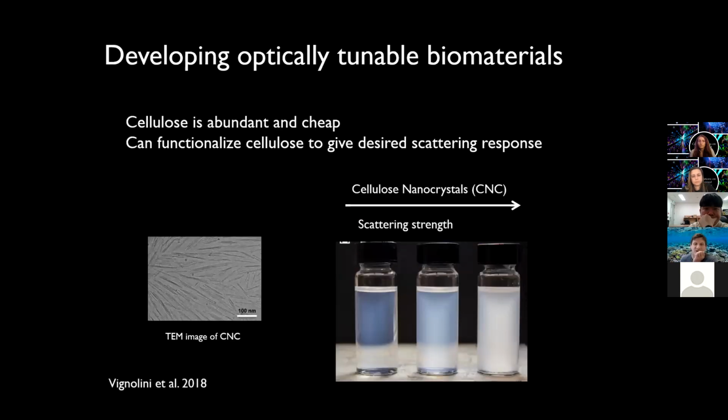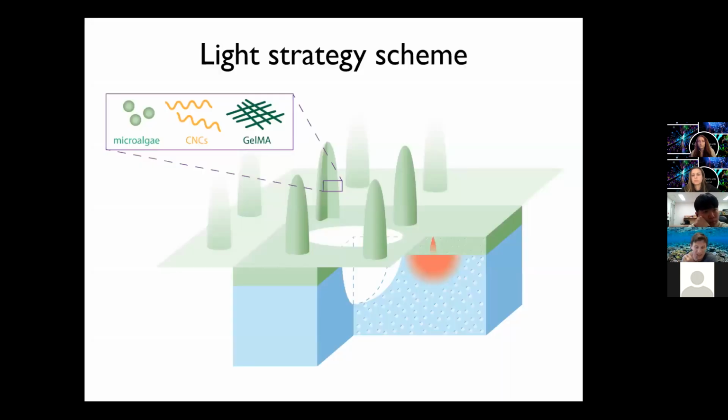And then we turned to cellulose nanocrystals, which, of course, in our lab, Silvia Vignolini's lab, a lot of people work with. So there we have a good understanding about their scattering properties, and cellulose is abundant, is cheap, and can be nicely functionalized to give the desired scattering response. Additionally, it also induces some sort of mechanical strength to the hydrogel, which was also beneficial. So we worked on using CNC.